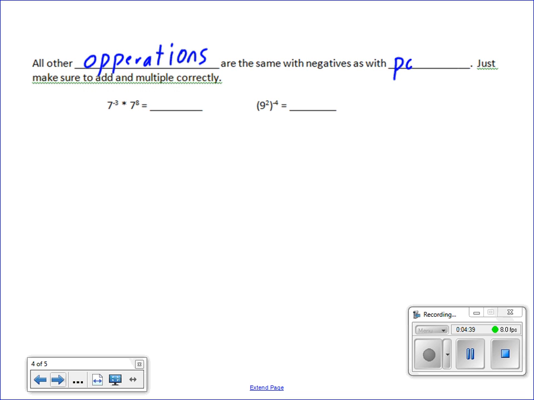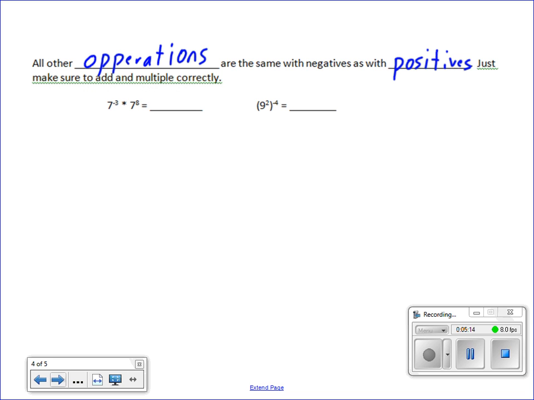Also with our negatives, all of our other operations are the same with negatives as with positives. So all that stuff we learned yesterday about multiplying exponents of the same base, exponents in parentheses raised to a power, exponents with different base with the same exponent, all those operations are the same with negatives as with positives.